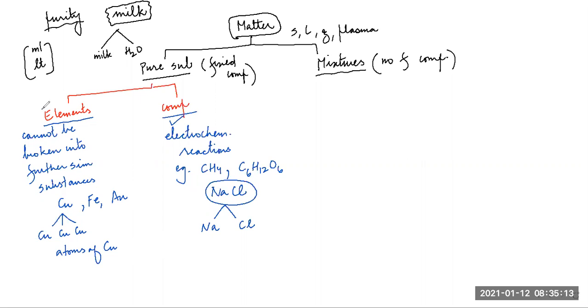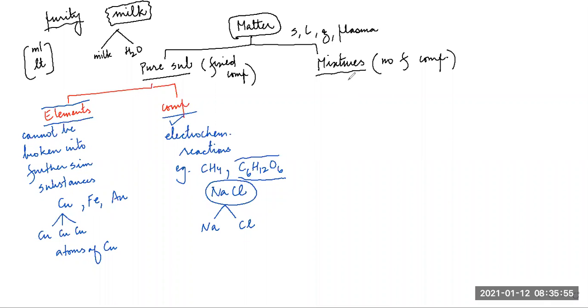Rather, I will say all the elements. So they are different from compounds. If you take the example of glucose, this can be synthesized or chemically broken down into carbon, hydrogen, and oxygen. Well, these are two categories of pure substances based upon their structure, based upon whether they can be broken down into further simpler substances or not.